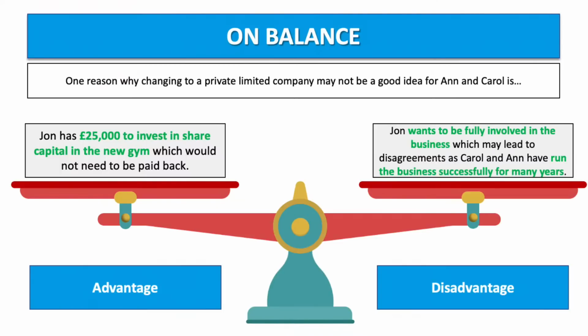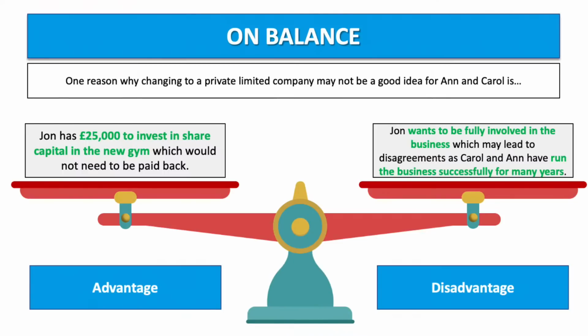By saying John wants to be fully involved, that's come from the case study, and by saying there may be disagreements because Carol and Anne have run the business successfully for many years, is explicit and it's specific to this case. Again, we would look to build this into a paragraph. So we'd be looking to develop 2 to 3 interconnected strands in this paragraph to go alongside our previous one.